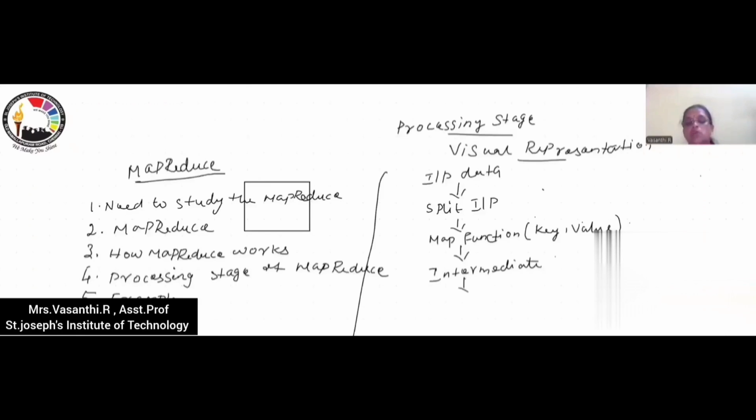The next one is shuffling and sorting. Next one is the reduce function.